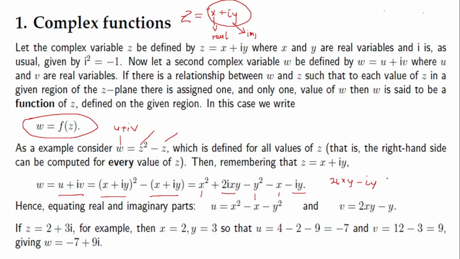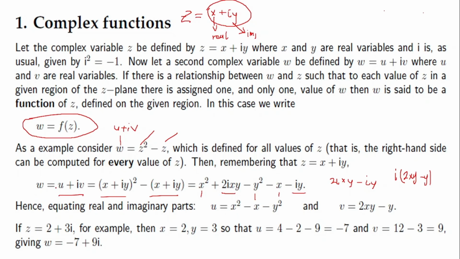If you factor out the i, you put I outside, you're going to have 2xy minus y. Then this other side, you see that this is x squared minus y squared minus x squared. You bring them to one place. To make life easy, we take all the x before, x minus y.